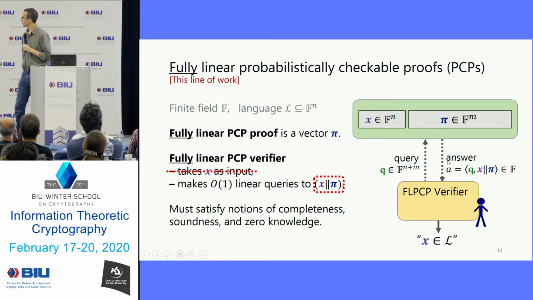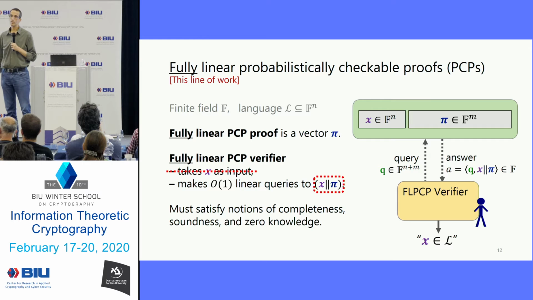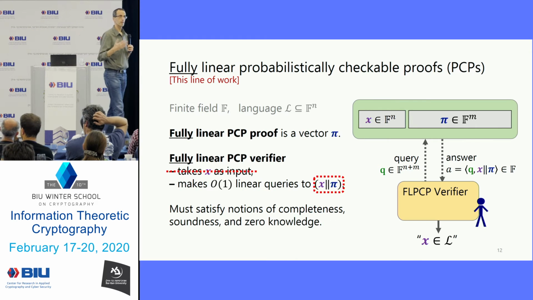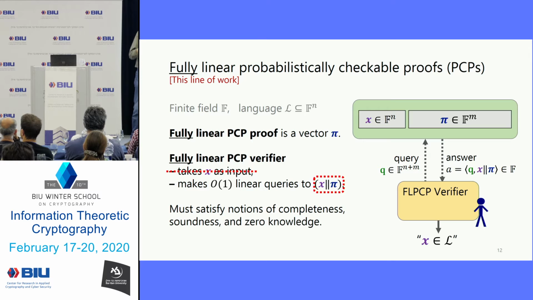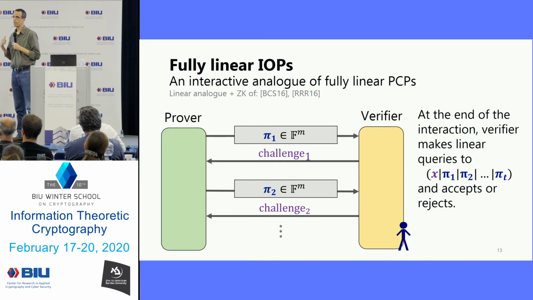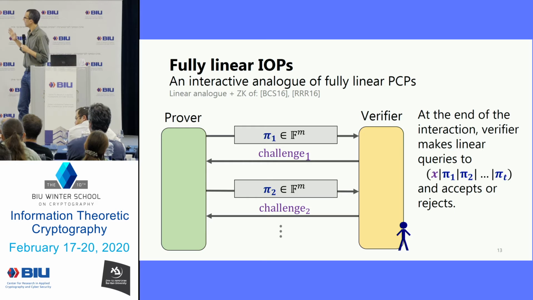Okay, we have some generalization of this process, which is non-interactive. Here's this proof. You query, you get something back, it's one round, to a protocol with some back and forth. The first thing was fully linear PCP, this is fully linear IOP.